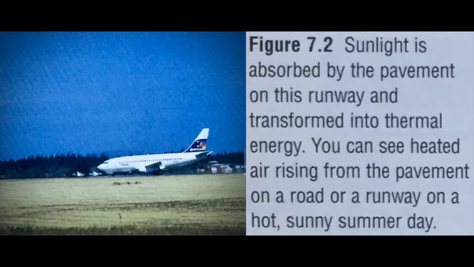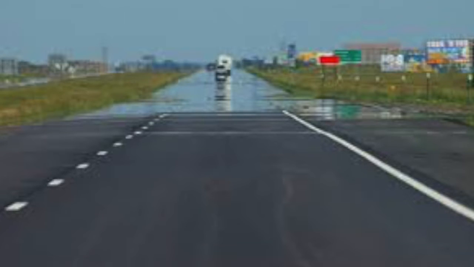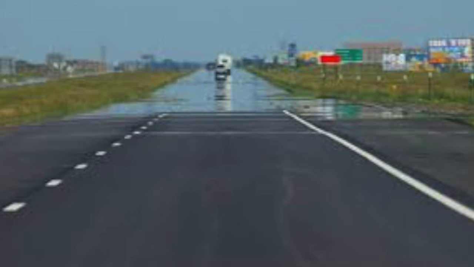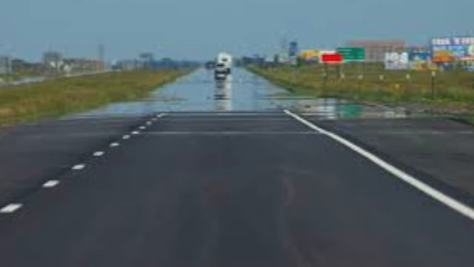Figure 7.2. Sunlight is absorbed by the pavement on this runway and transformed into thermal energy. You can see heated air rising from the pavement on a road or a runway on a hot, sunny summer day. The brightness or intensity of light indicates how much energy a surface will receive. A surface can absorb more energy if the brightness of the light intensifies.